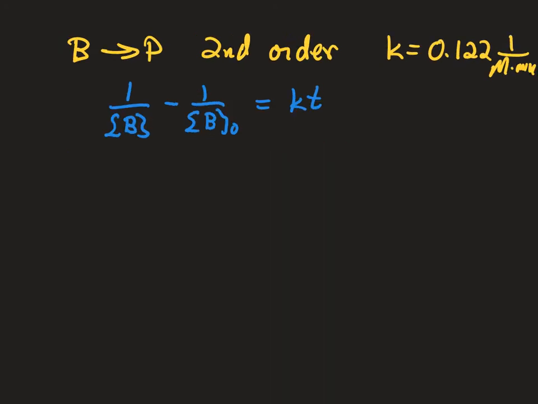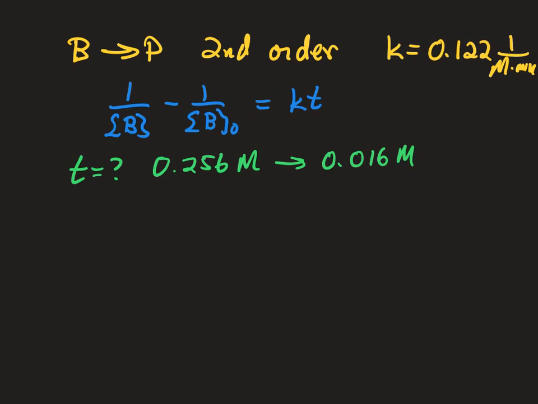We'll deal with that same system again, so reactant B going to product. We know it's second order. We know the rate constant. We know the integrated rate equation for that second order process. And so now our question is, how much time will elapse when we go from our high initial concentration down to a lower concentration, a larger change in concentration?